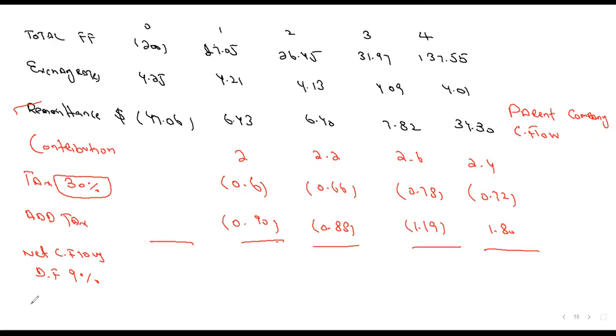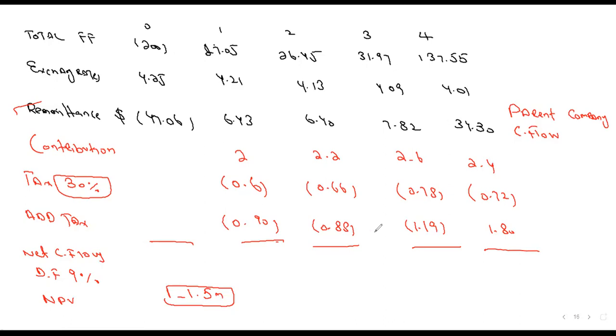You will not compute the discount factor for every year. So the NPV of this project will be coming as a negative 1.5. As this is negative, you will reject the project.